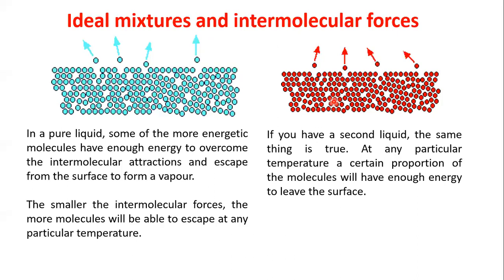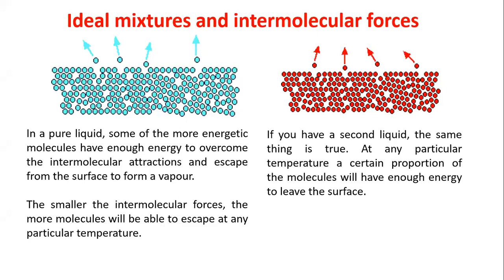So let's read what we have on the slide. In a pure liquid, some of the more energetic molecules have energy enough to overcome the intermolecular attractions and escape from the surface to form a vapor.